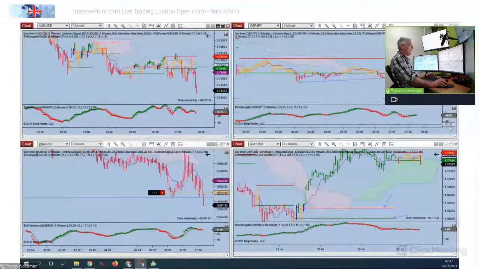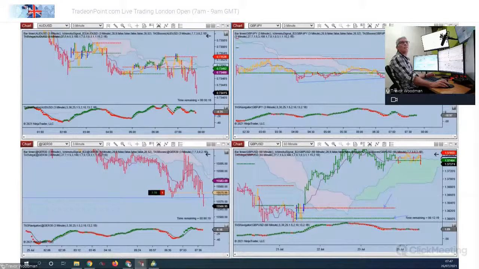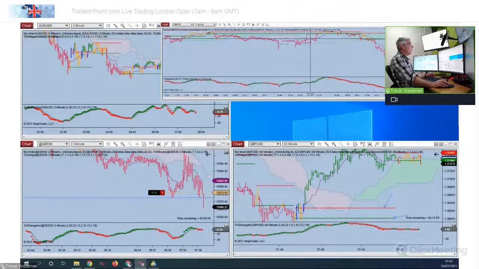Yeah, I think I'm going to take the pound yen shorts as well. Why not? And again, this is probably going to be more of a swing trade on this one. So I'm definitely going to give it some legs.